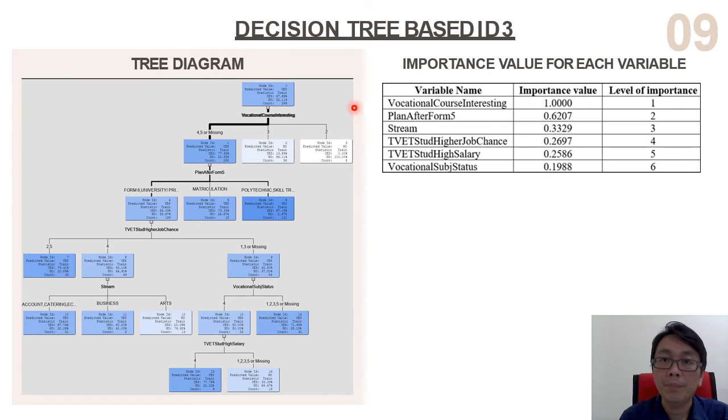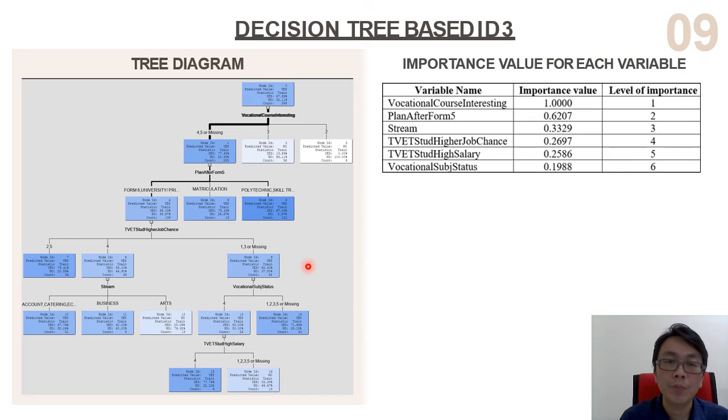The most important variable is vocational course interest, followed by plan after Form 5, stream, and also the students' concerns about the chance of getting a job, the salary, and the subject status.